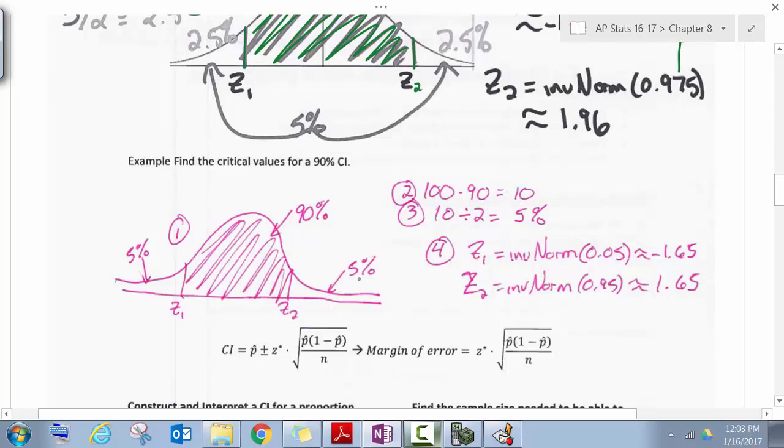Divide that by 2, so we have 5% in each tail. Then, to find those 2 z-scores, we do inverse norm of 0.05 and 0.95, and we get negative 1.65 and 1.65. So those are our critical values, plus or minus 1.65. Because it's symmetrical, that's why we have plus or minus.